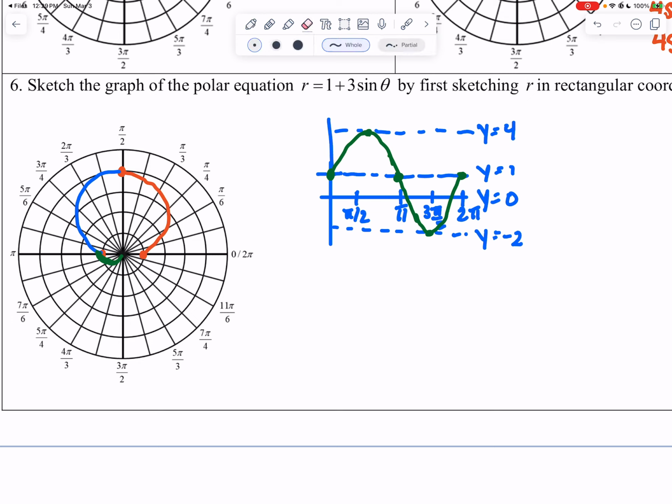Let me use a different color. So 1, 2 right here. And since I am decreasing right here, I'm technically going to be increasing just because I'm going to be adding pi here and pi here, so that it looks like, let's say, this right here.